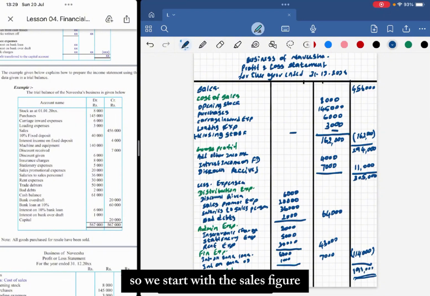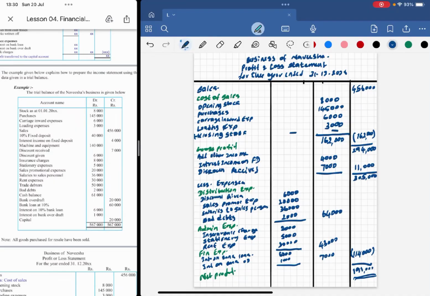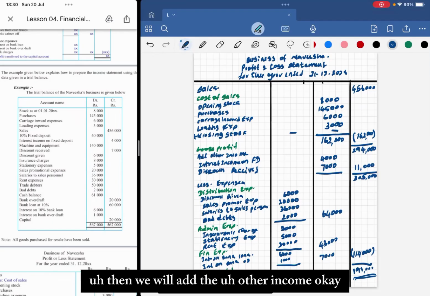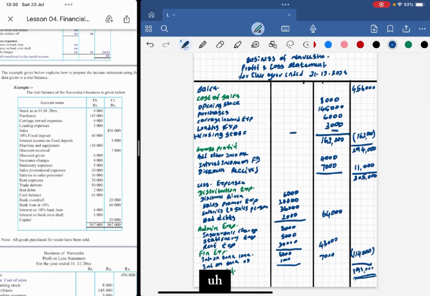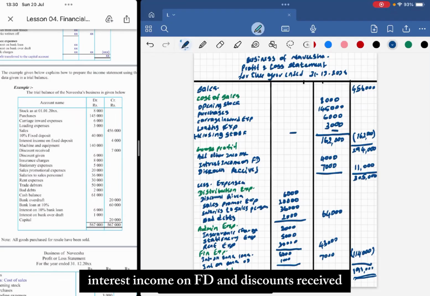Okay. So this is how we prepare the profit and loss statement. So we start with the sales figure, then we go ahead with the cost of sales. So we calculate cost of sales, and then we arrive at the gross profit. Then we will add the other income, interest income on FD, and discounts received.